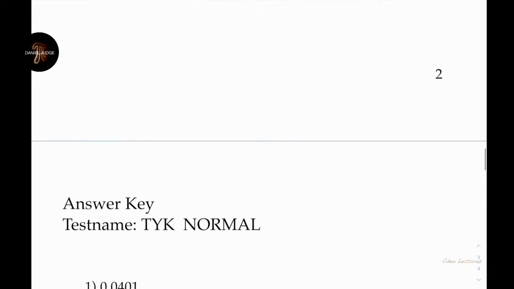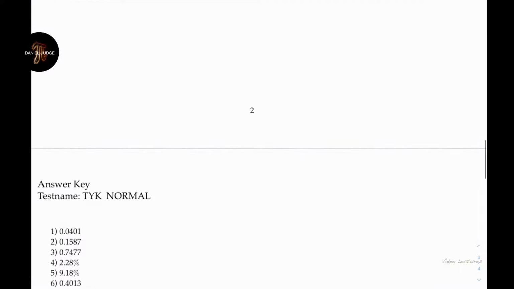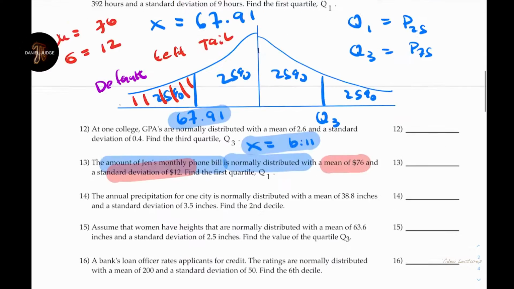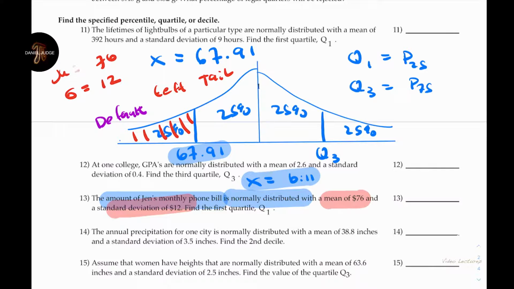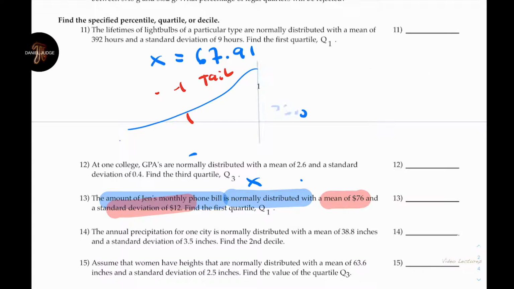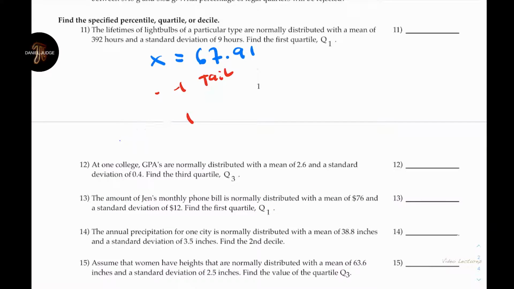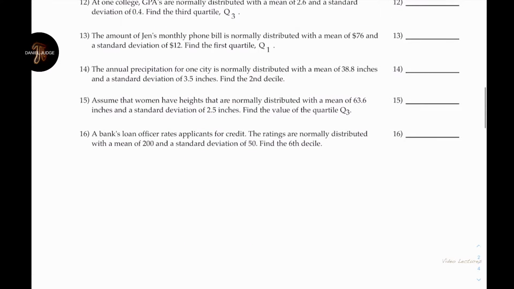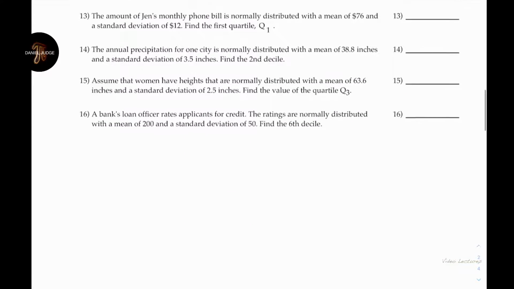Question number 14. Okay, I'm going to get rid of all this here. Well, maybe I shouldn't have. Let's look at the next question. Question 14. Okay, we'll actually put it below here.